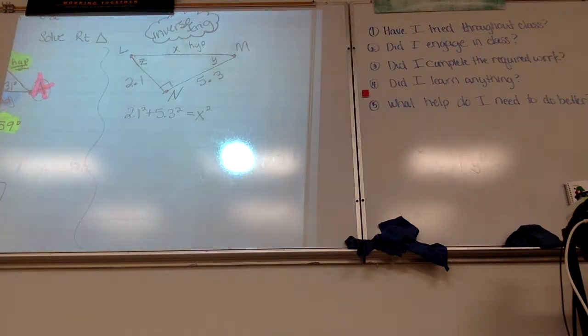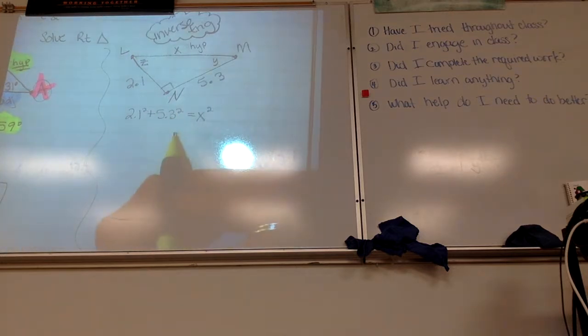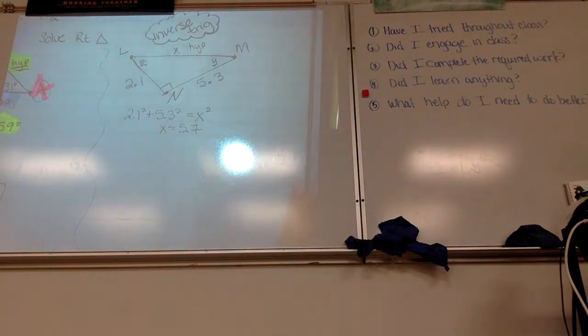You can just do that on your calculator, 2.1 squared plus 5.3 squared, square rooted. What do we end up with? Anybody else get 5.7? Okay, perfect. So x is 5.7.